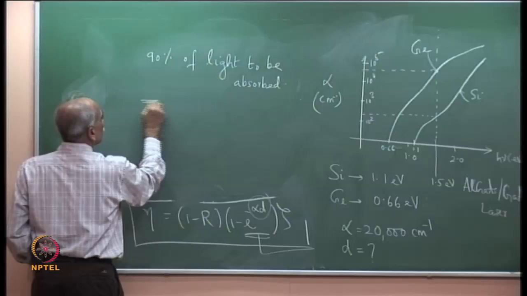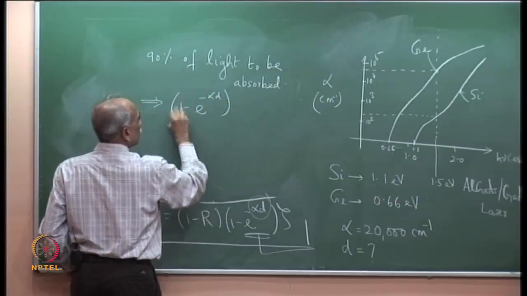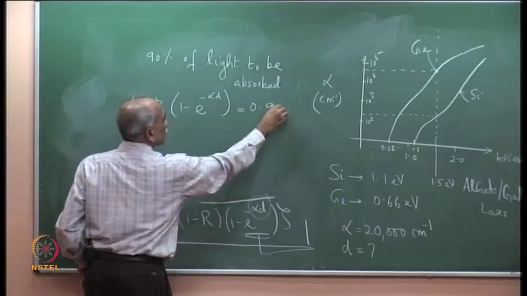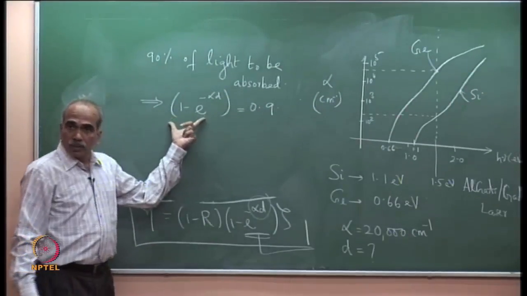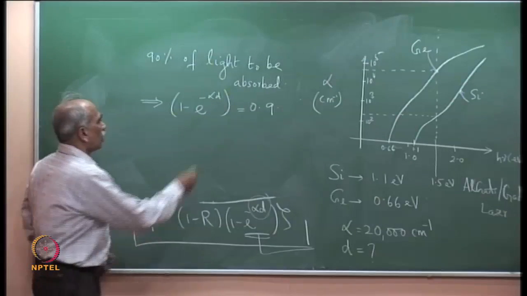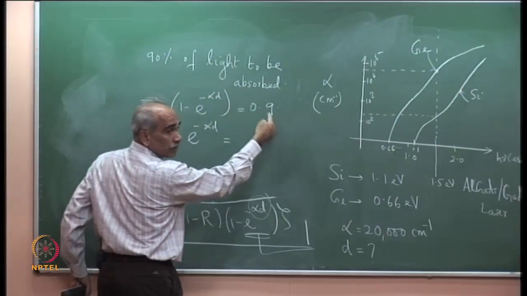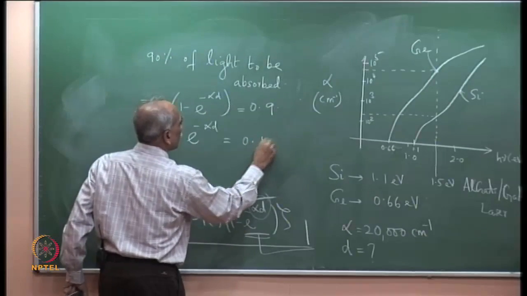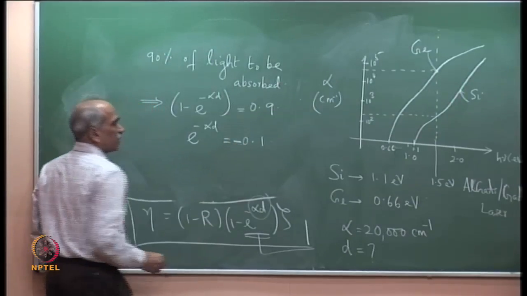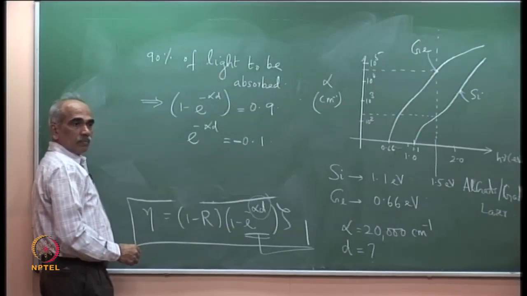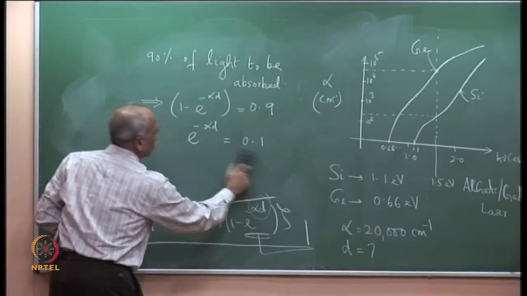This implies 1 minus e to the power minus alpha d must be equal to 0.9. 90% has to be absorbed, so this is the fractional number. So, this must be equal to 0.9, or e to the power minus alpha d must be equal to 0.1.